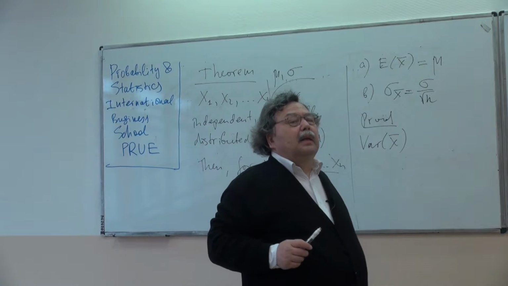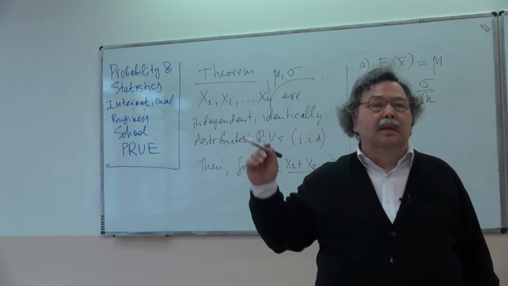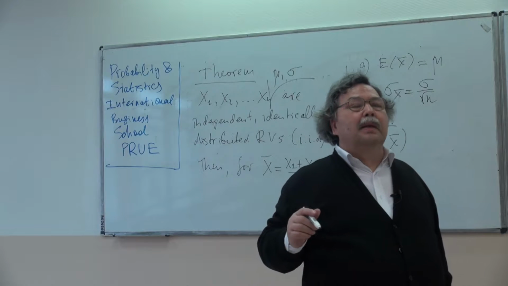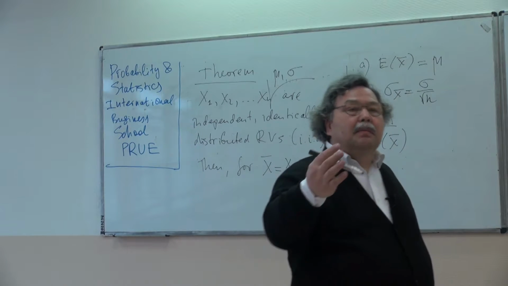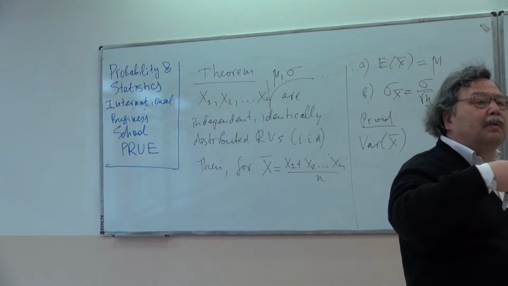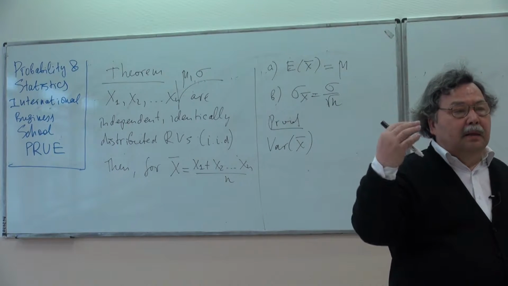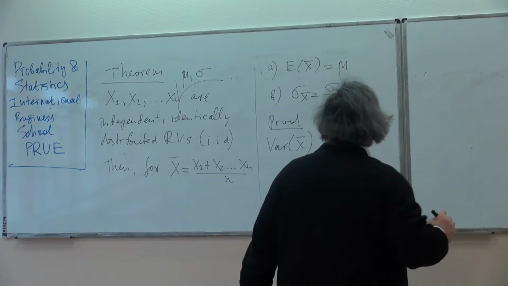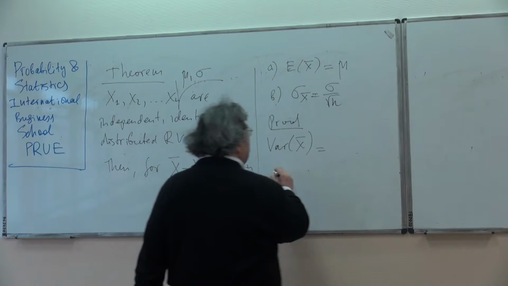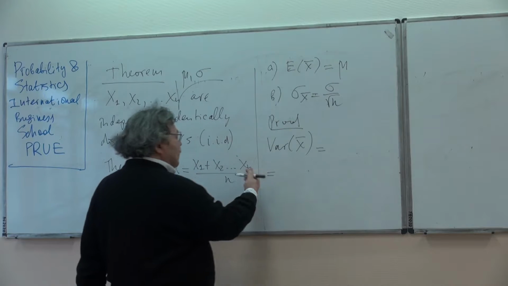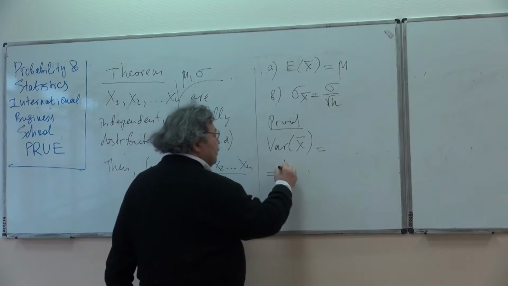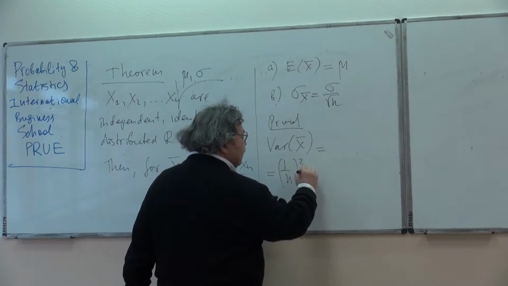Okay? And one of the statements that I made last time was that a constant factor can be taken out from the variance, but if we do this, we square it. Okay, that was one of the things that we discussed. So we can take out 1 over n, but it takes a square.